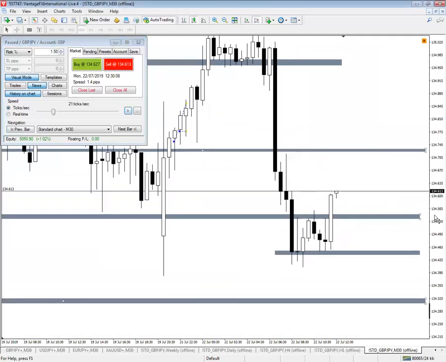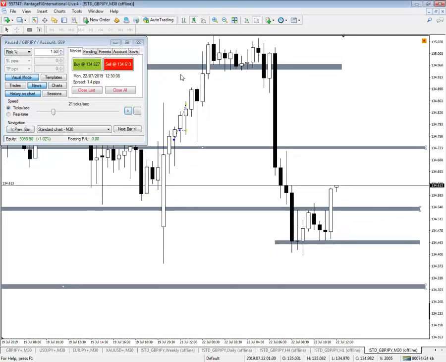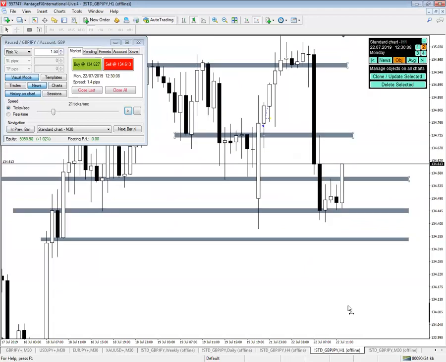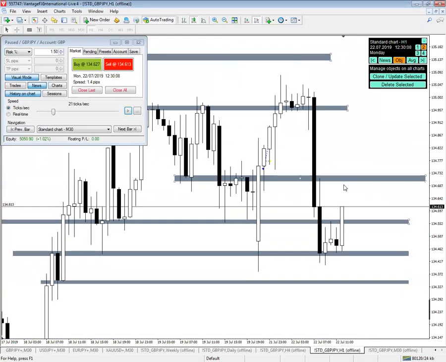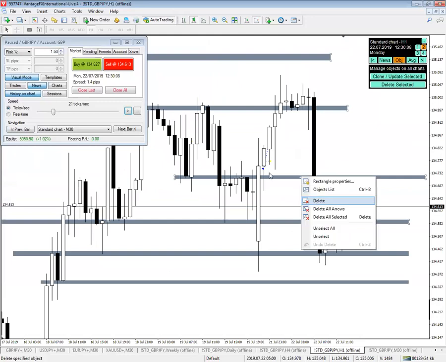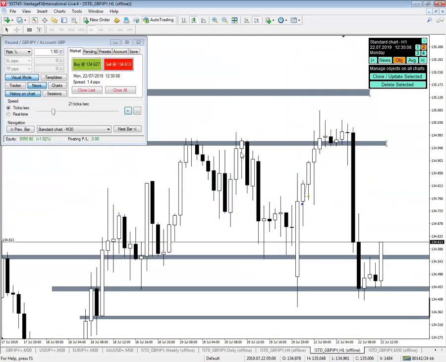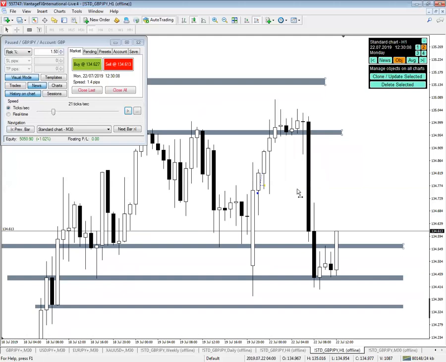Cool. So essentially now, let's check this out. Let's go to the 1 hour time frame. So 1 hour is still open. Technically we can remove this now because this range here has been eradicated.